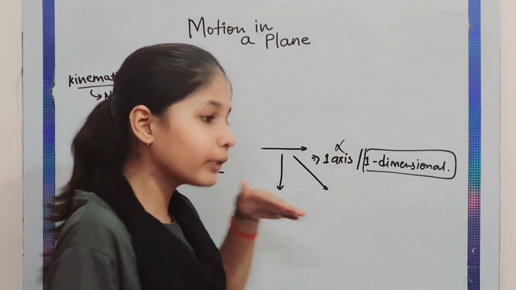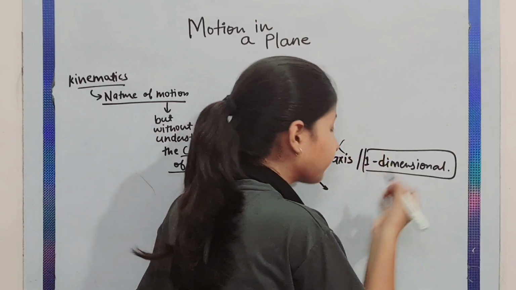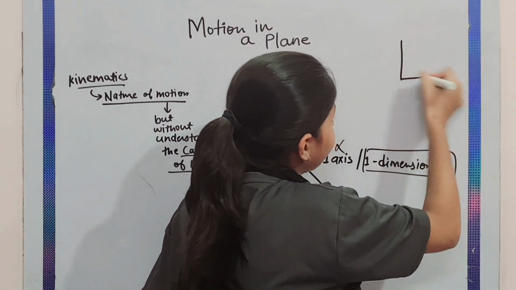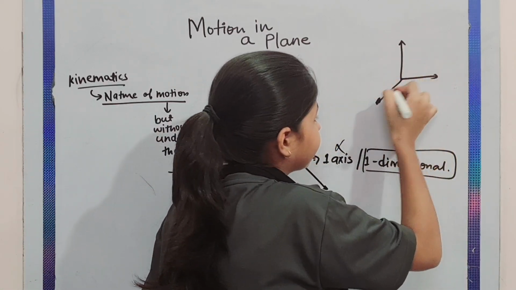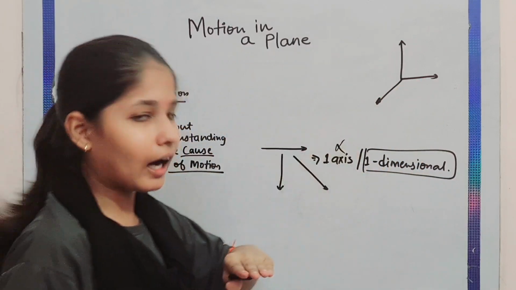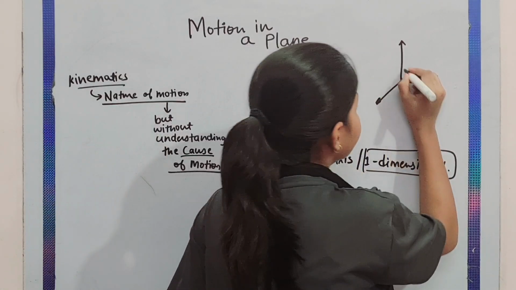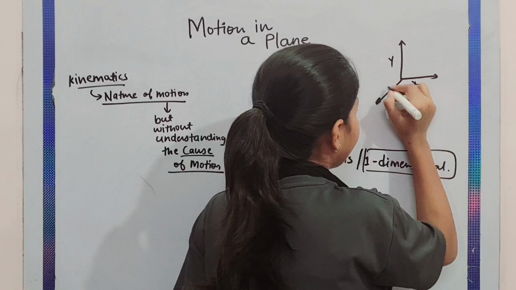इसमें क्या होता है? इसमें कोई एक एक्सिस पे, for example, जैसे कि हमने पढ़ा already, we have talked about the x-axis, y-axis and z-axis. Z-axis can be either in outward or inward direction. So this is y, this is x, and this is z.